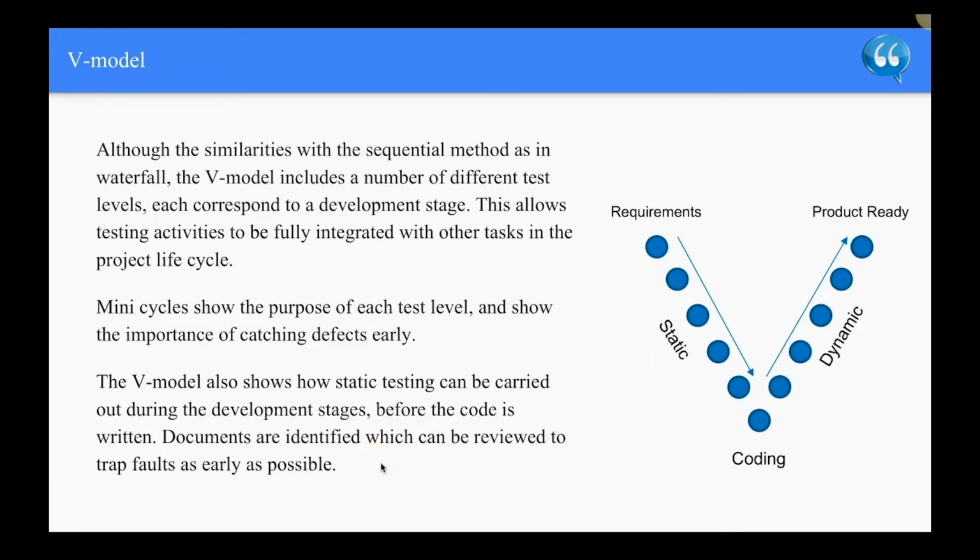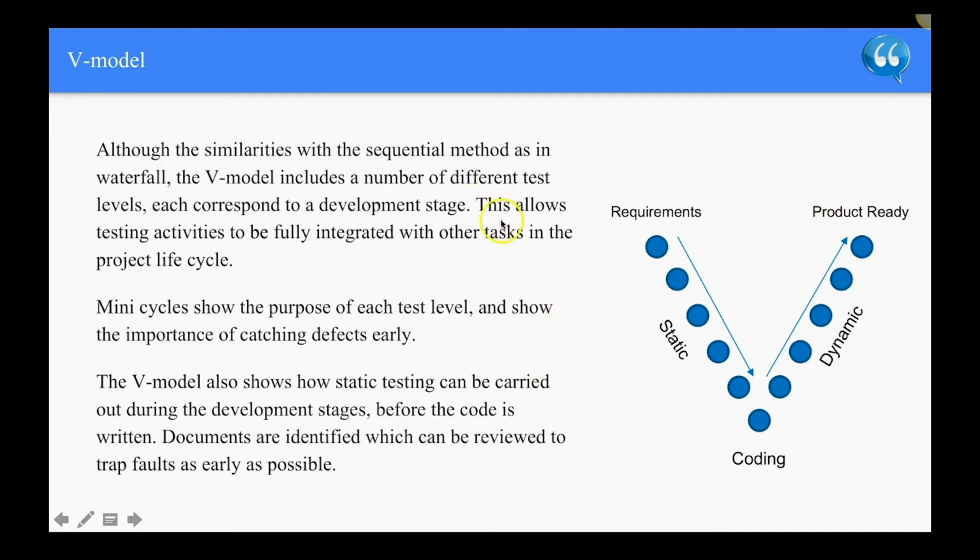This is the V model. It does have similarities with the sequential method, as in Waterfall. The V model includes a number of different test levels, each corresponding to a development stage. You see, it begins with requirements, which is all static, then coding, and then dynamic testing, and then the product is ready.